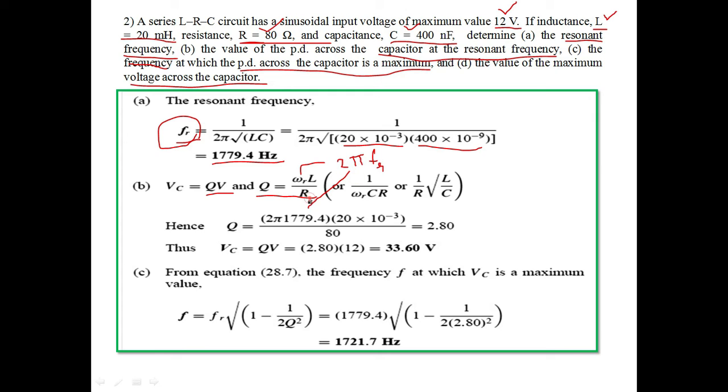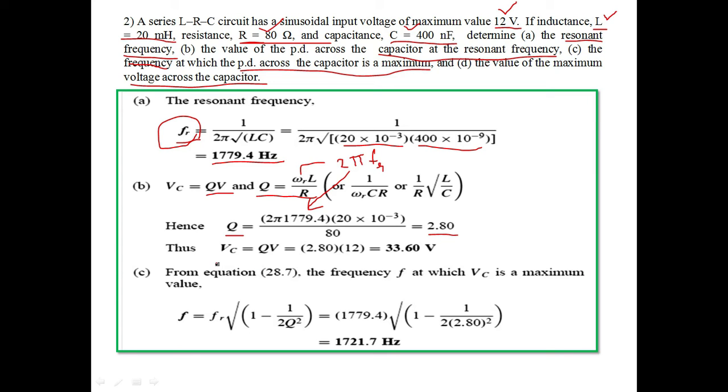So 2 pi, and your operating frequency is 1779.4 into L. The L value is given as 20 millihenry. That's why it is 20 into 10 raised to minus 3 upon 80 ohm. Once we find the quality factor, Q is equal to 2.80.